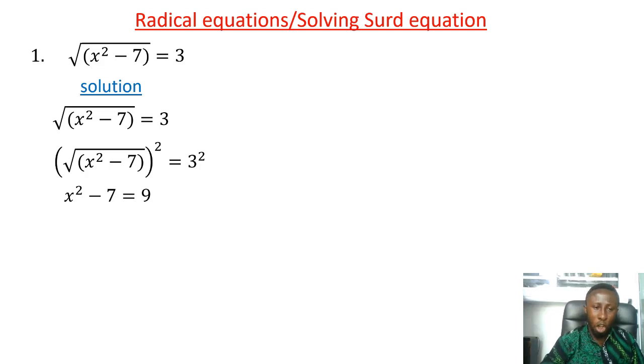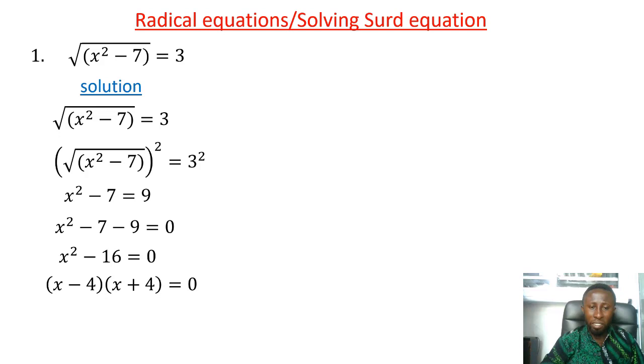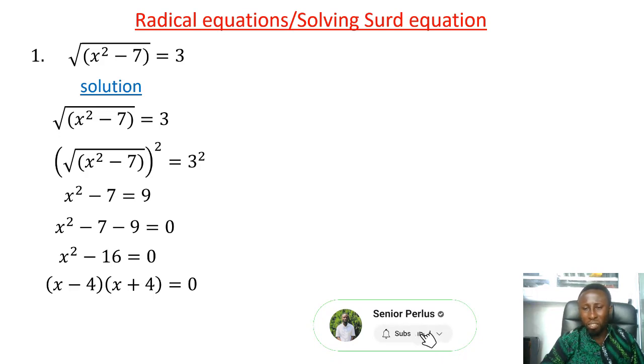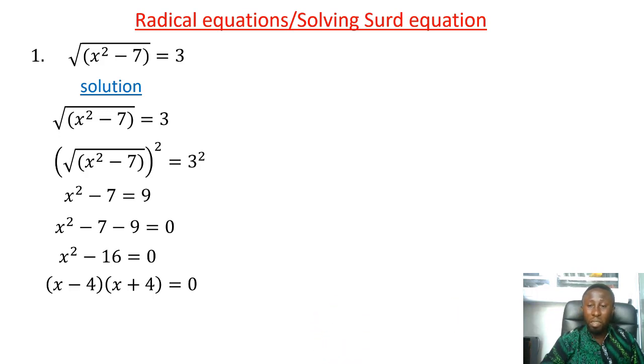Then there's another method for this. This one is a difference of two squares, so if you don't want trouble, you can factorize this. Or you just move the 16 across the equal sign, then you get positive 16. Then you take the square root of both sides, and you get plus or minus 4.